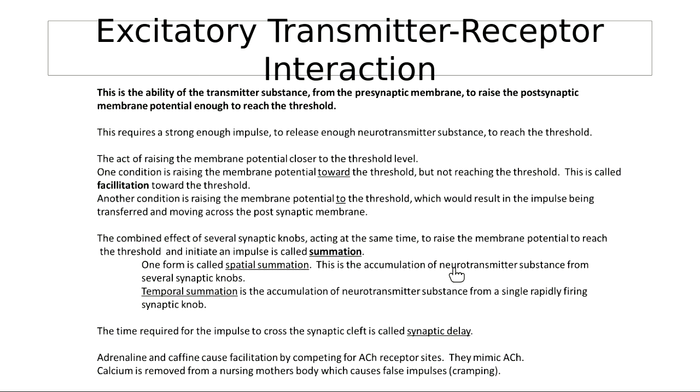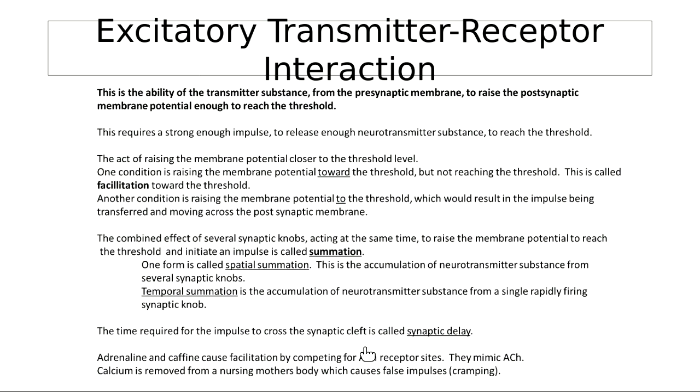This is the accumulation of neurotransmitter substance from several synaptic knobs. Spatial summation, the additive effect. Temporal summation is the accumulation of neurotransmitter substance from a single rapidly firing synaptic knob. So it's really trying to release a lot of acetylcholine to cross that cleft, but it's working by itself.